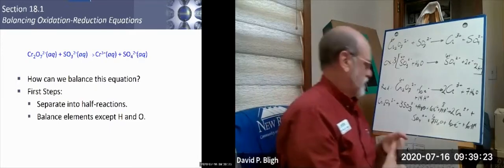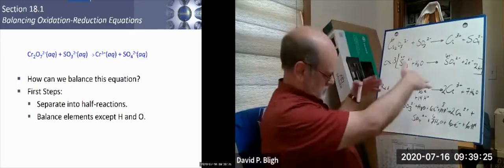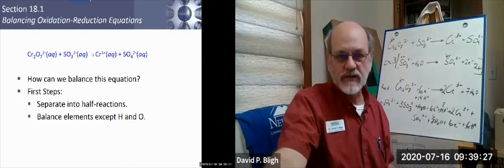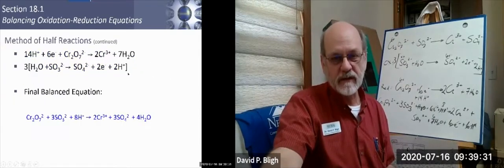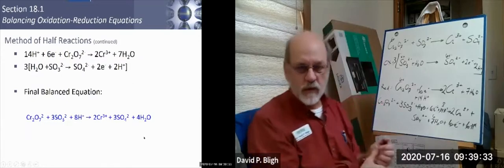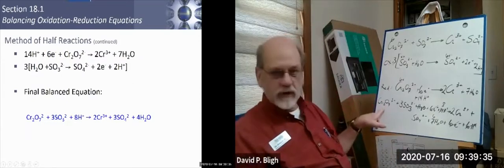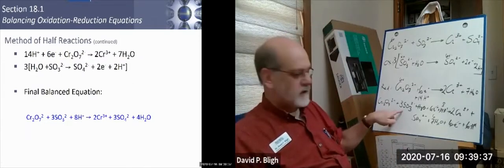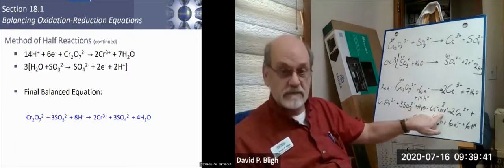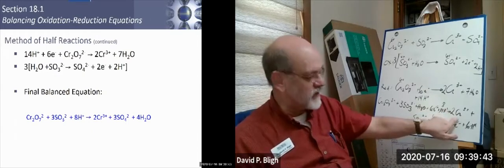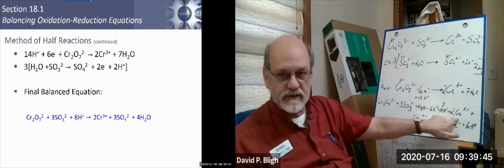So, instead of bringing all that down, let's just go to the end product here. And this is what we should have left. 1 dichromate, 3 sulfites, 8 hydrogens, and on the product side, 2 chromium 3 pluses.